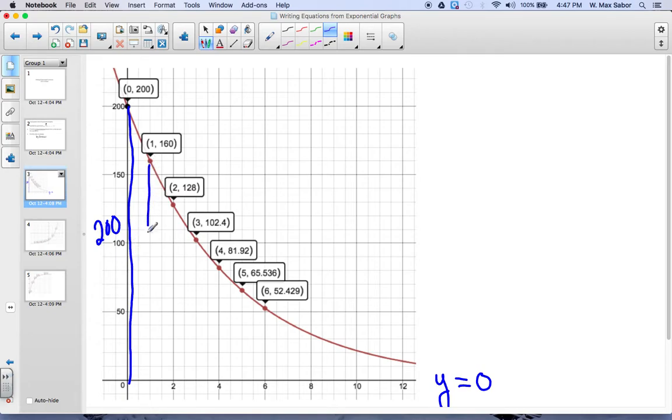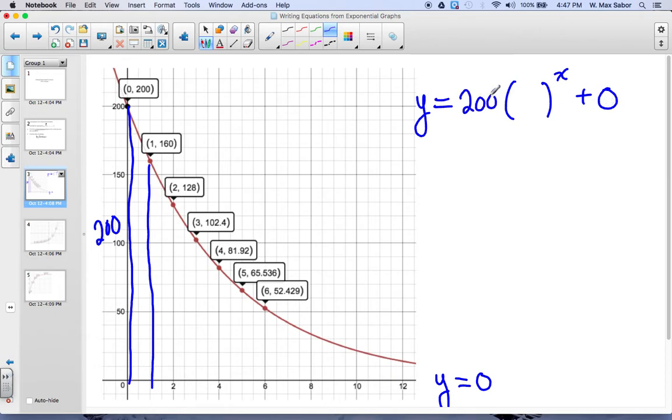Now we can say that y equals something plus 0, because that's our asymptote, and 200 is our distance between the intercept and the asymptote.